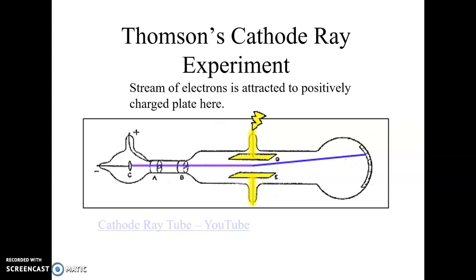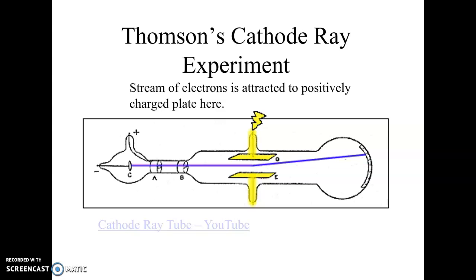So you can see that in this diagram, right? You have this positive field above and the ray bends up toward it. Well, as we know, opposites tend to attract. J.J. Thomson knew that as well. So if we have a positive attracting something, the cathode ray, that it is attracting must be a negative.